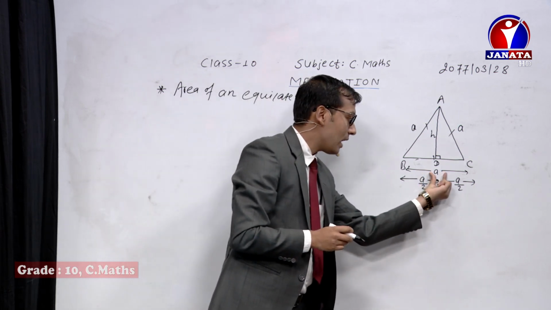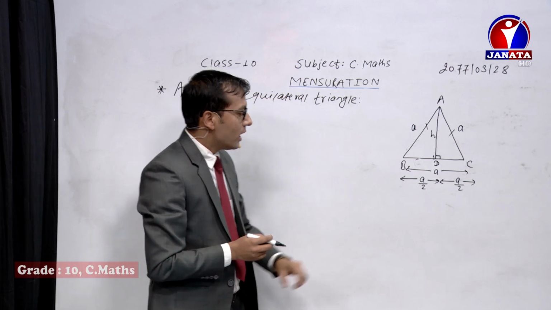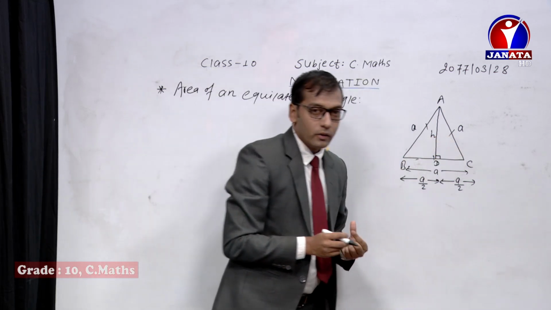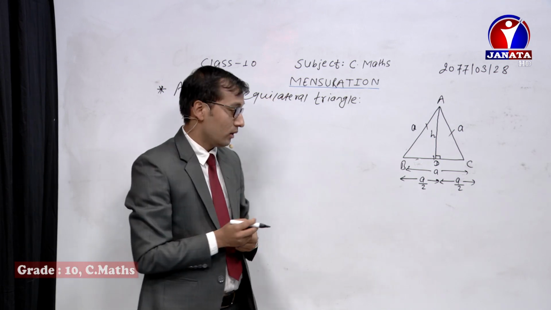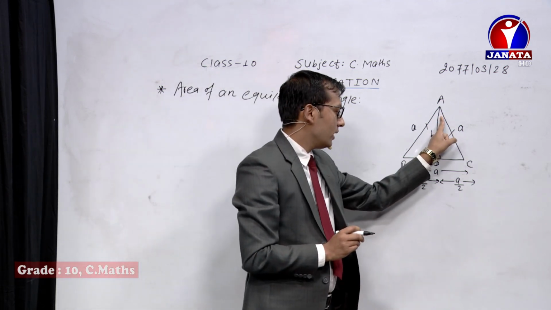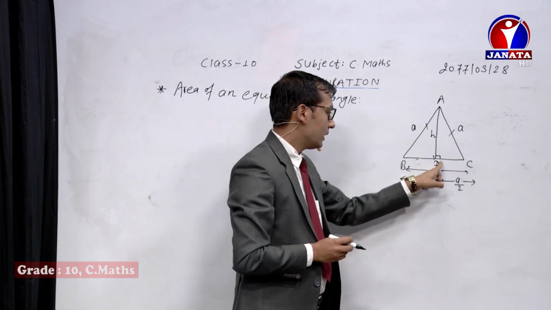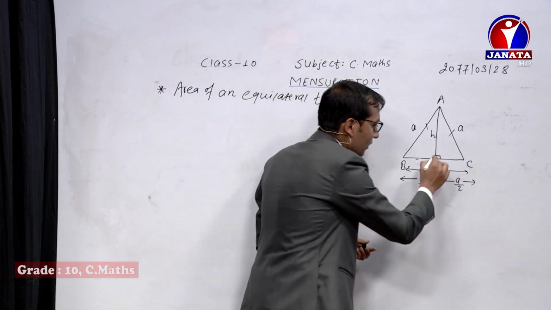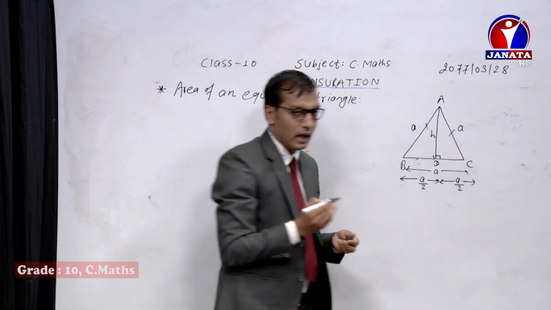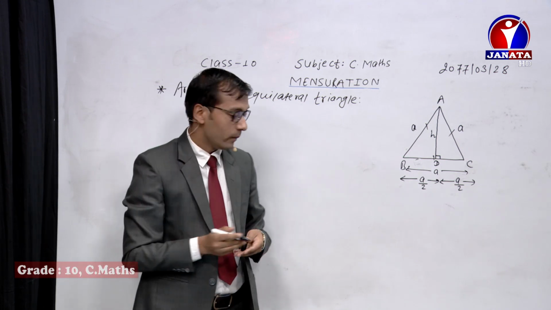So the half of A is A by 2 and A by 2. In the figure we can see two right angle triangles, triangle ADC and triangle ADB. Angle D is 90, because the sum of two angles in a linear pair is 180.